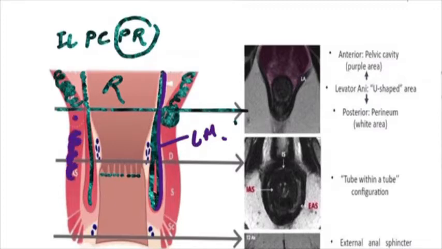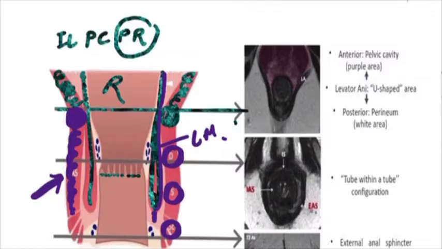Now this is the external sphincter. This is the puborectalis sling, which we already discussed. The external sphincter merges with the puborectalis sling. It has three parts: the deep part, the superficial part, and the subcutaneous part. The subcutaneous part starts where the internal anal sphincter ends.